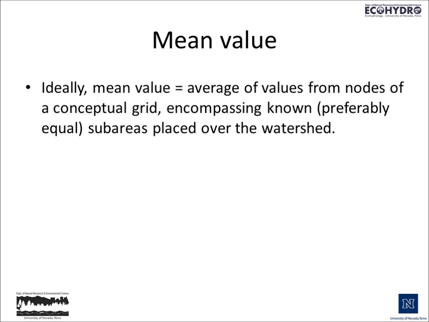One way that we can do this is by simply doing an average or a mean. Ideally, the mean value is equal to, for example, the average of values from nodes of a conceptual grid. That means we might take a grid and put it over our watershed, and then take an average of all of them.